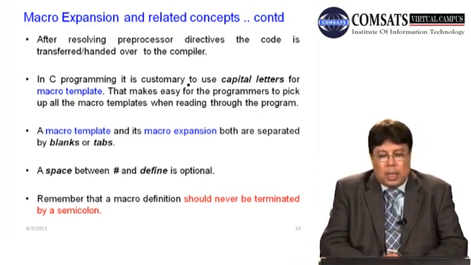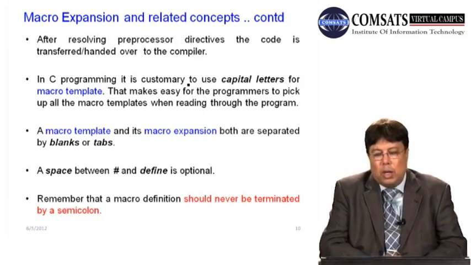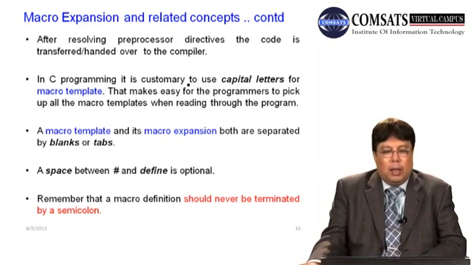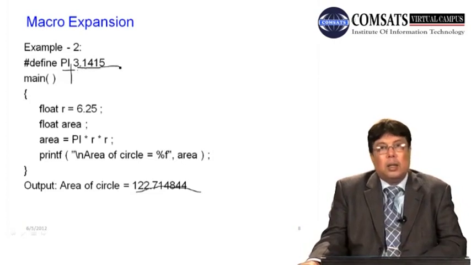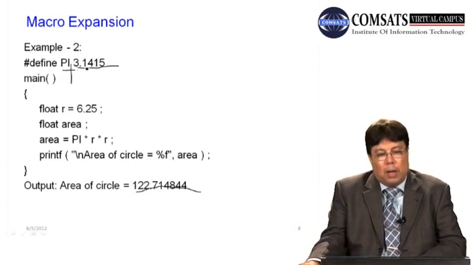A macro template and its macro expansion both are separated by blanks. आपने देखा in the previous example here, this is what? This is PI, a macro template, and there is a space. There is a space and this is called the macro expansion. So macro template, space, macro expansion.